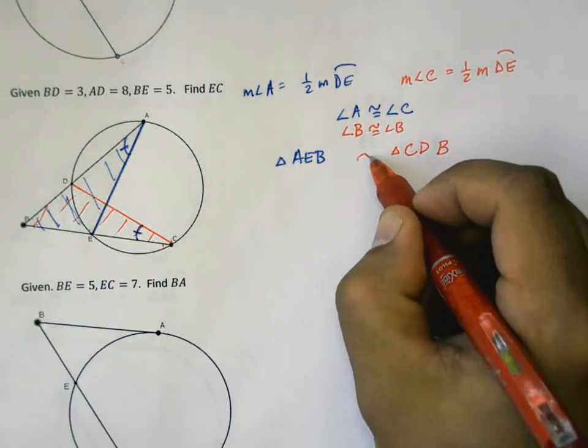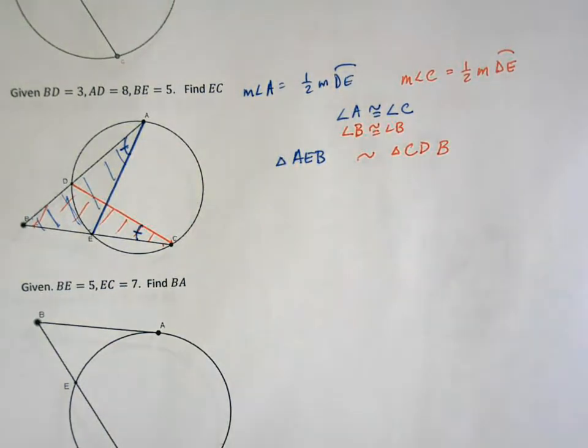Therefore, from these two facts, we know that these two triangles must be similar to each other.